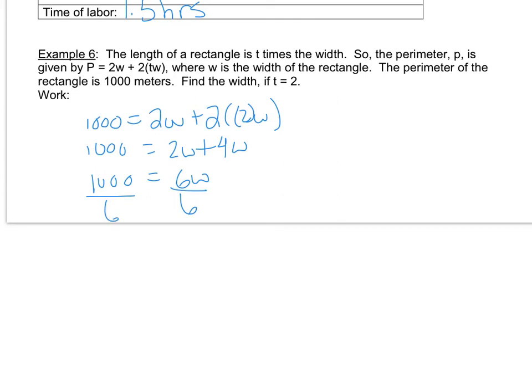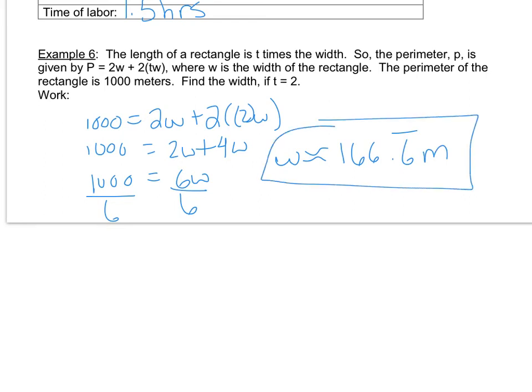And you would get W equals approximately 166.6 meters, 6 repeating. Okay? Or you could say 166 2/3 of a meter. All right, let's go on to the next page.